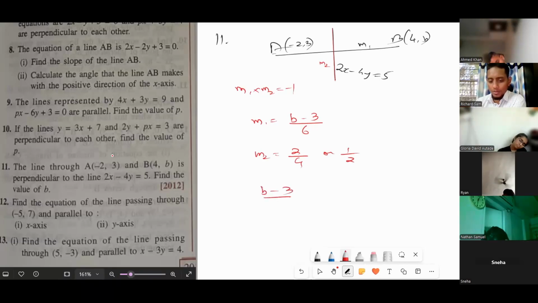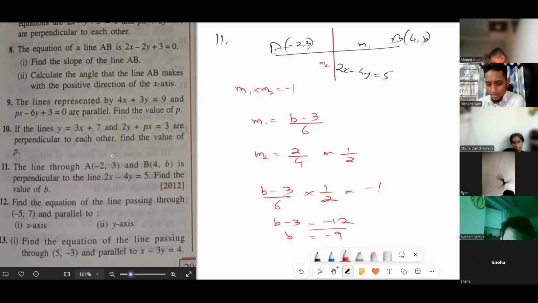So b minus 3 upon 6 into 1 upon 2 is equal to minus 1. And then find b. So b minus 3 is equal to minus 12. So b is equal to minus 12 plus 3, which is minus 9. B equals minus 9. Yeah.